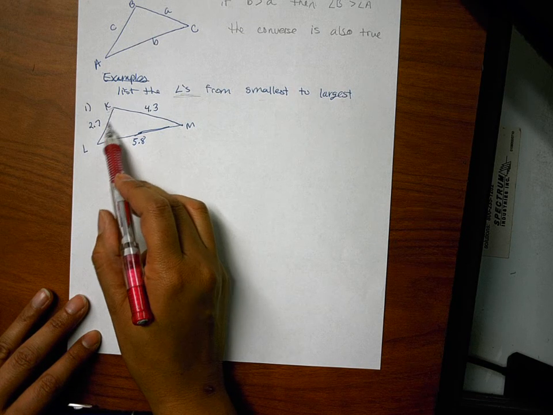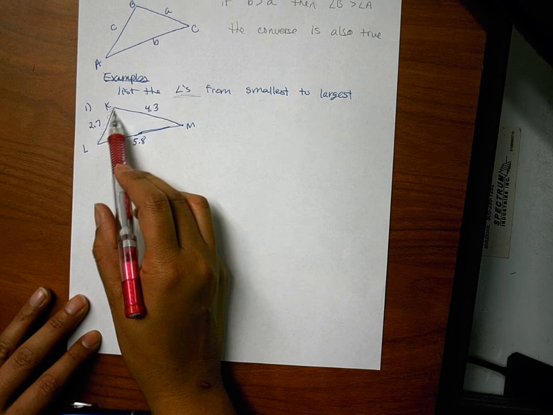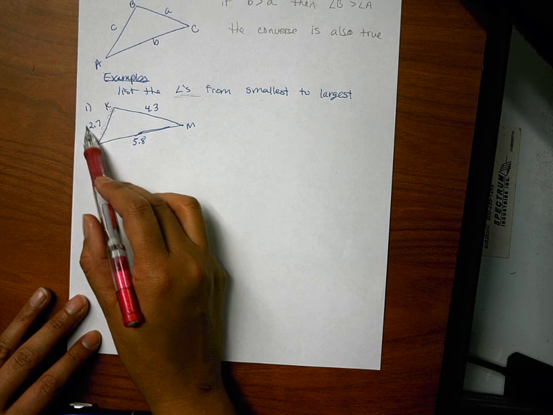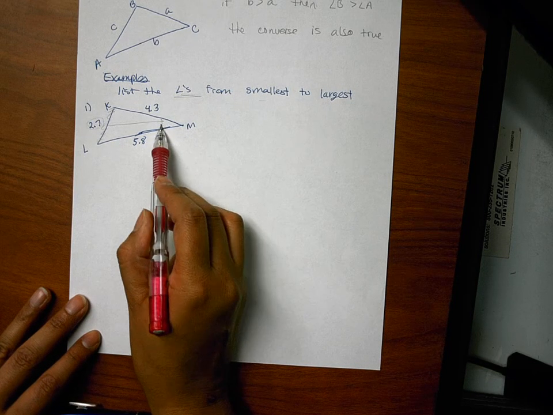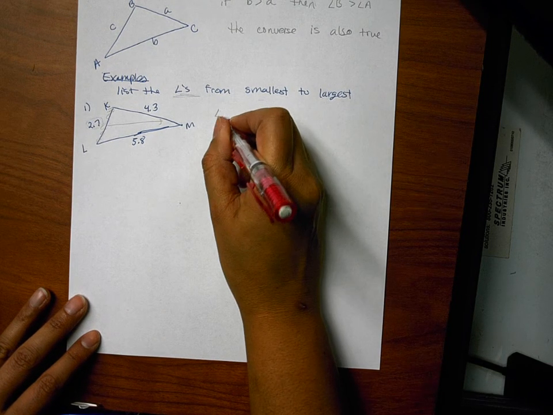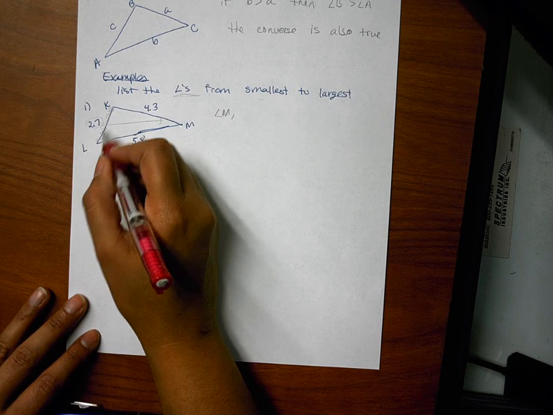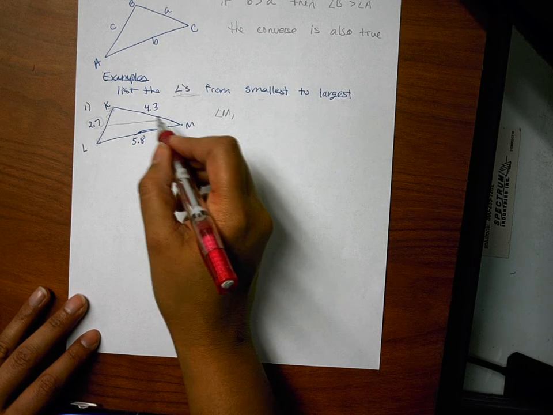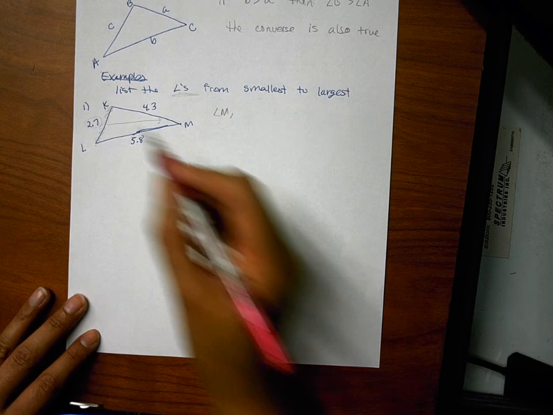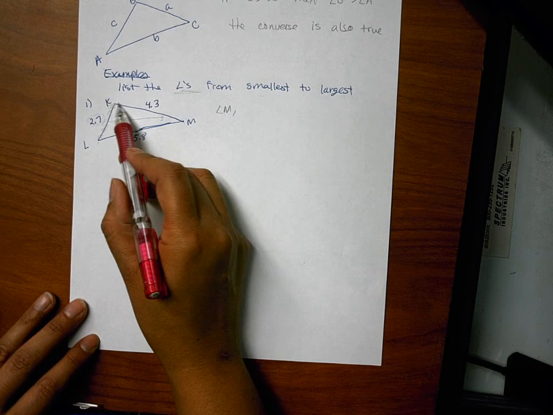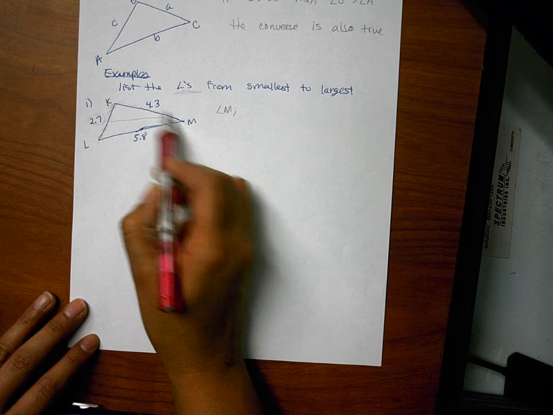So you find the smallest side. The smallest side is KL, 2.7. The angle opposite this side is angle M. Now, K and L are at the endpoints of 2.7, so it can't be K or L. It's the angle that does not touch that side.